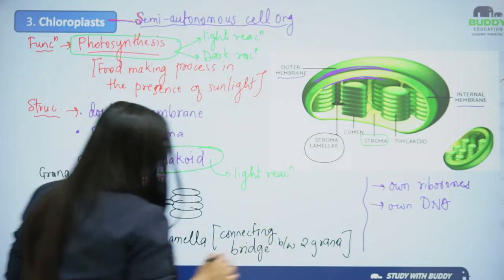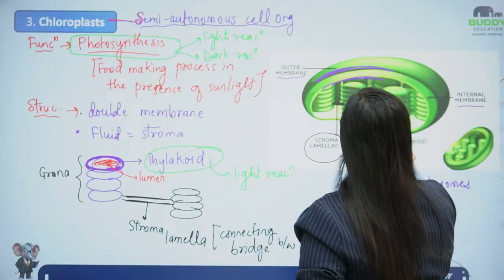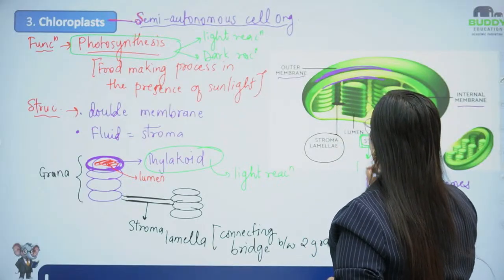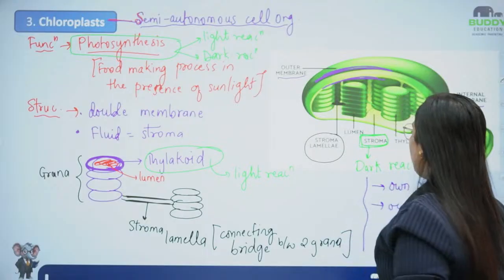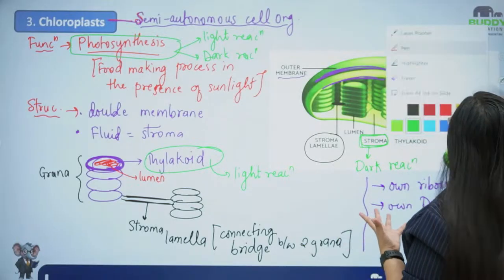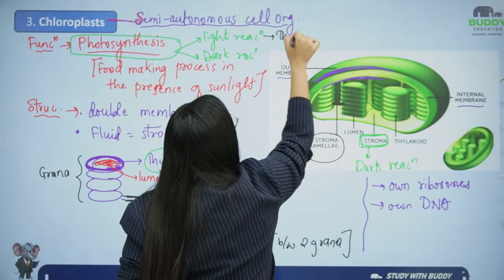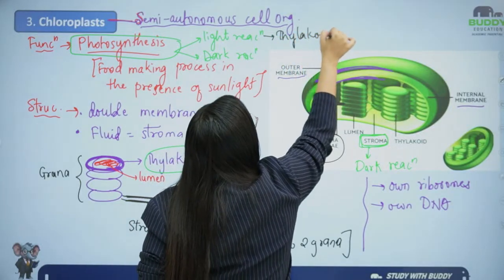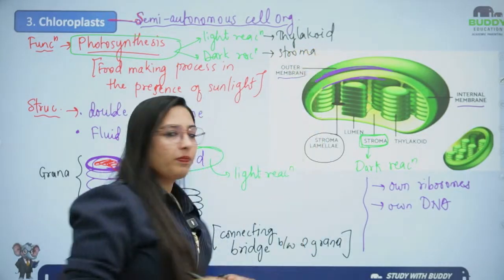And the stroma part is where the dark reaction is going on. Okay, makes sense. Do I need to write it there also, so that it makes sense to you when you study later on? Okay, so light reaction in the thylakoid and dark reaction in the stroma part. Okay, this makes sense now.